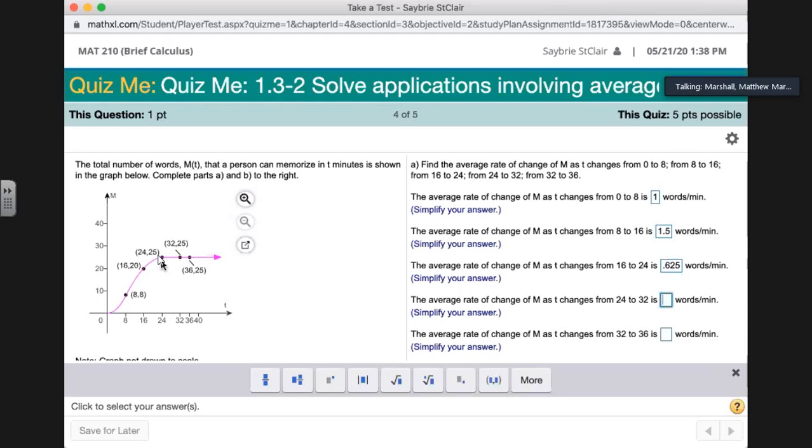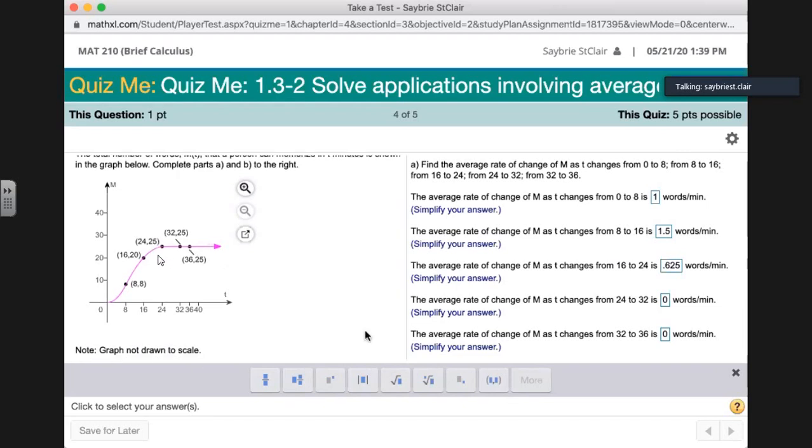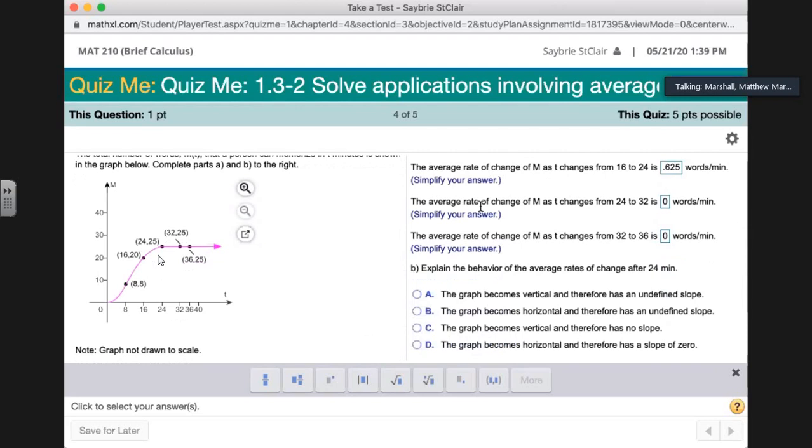Remember that rate of change. And the other one's flat too. Yeah. Oh yeah, one more question. So not undefined, but zero slope, right? So flat line horizontal, zero slope. Perfect.